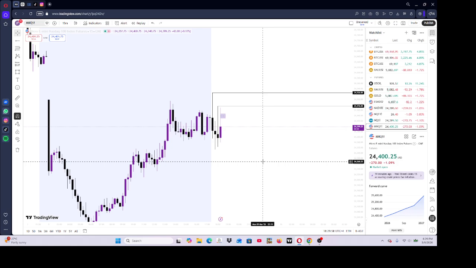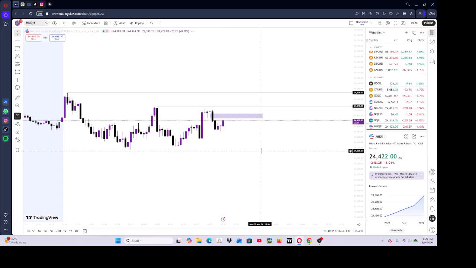So I have to wait for the confirmation. The market is open now. I have to wait for the clear move. Let me see in the 1 minute. Okay, fill this gap.